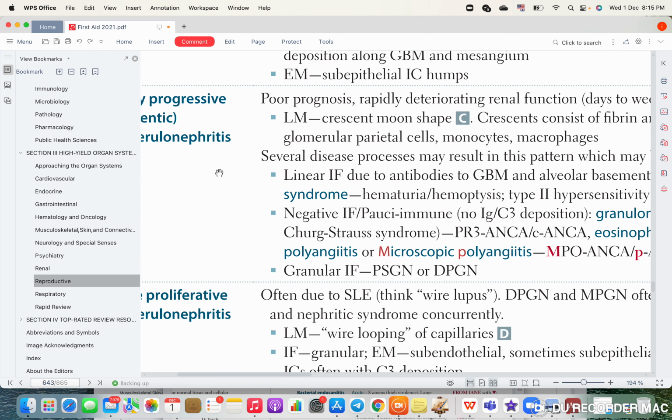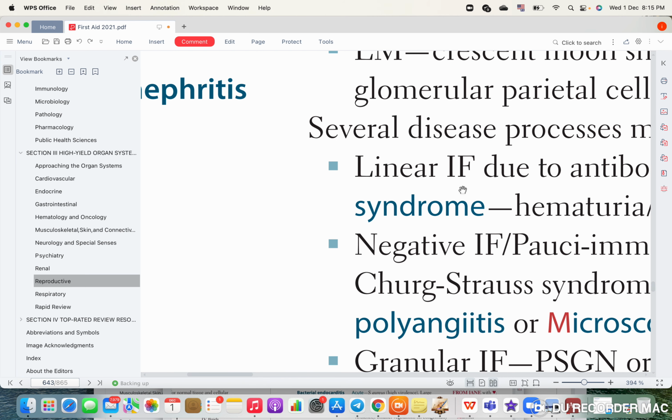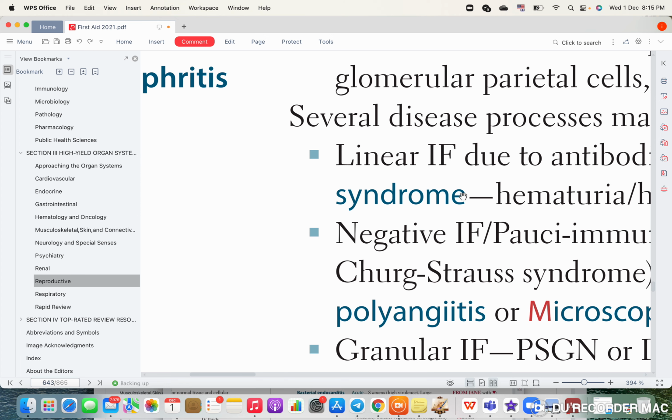So if I have a linear immunofluorescence, what does it mean? Is it antibody mediated or immune complex or what? What about if it was granular? Granular is immune complex. This is correct.